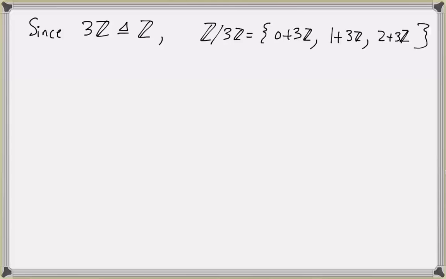Since 3Z is a normal subgroup of Z, again because these are abelian groups, we see that Z over 3Z is a group. So we see that we have the same set as our original definition of the set of integers mod 3.